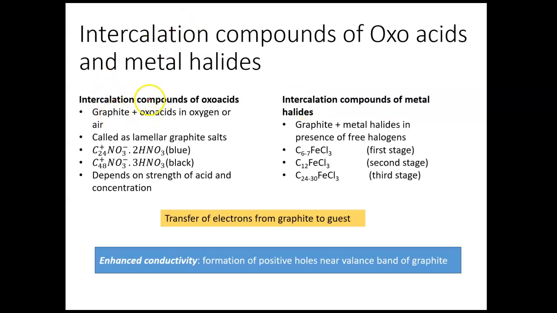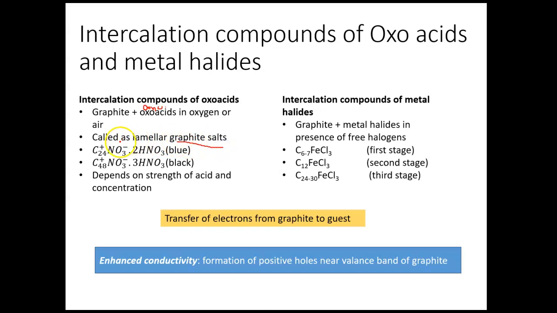Intercalation compounds of oxoacids can be obtained by reacting graphite with concentrated oxoacids in the presence of oxygen or air, to get the corresponding intercalation compound of oxoacids.